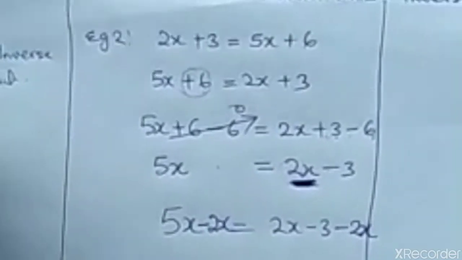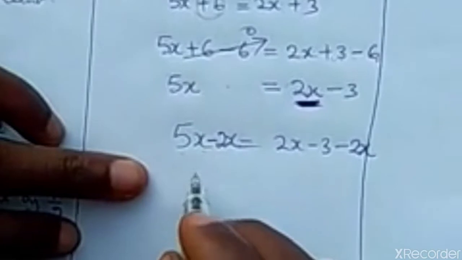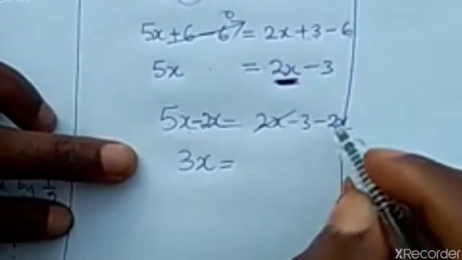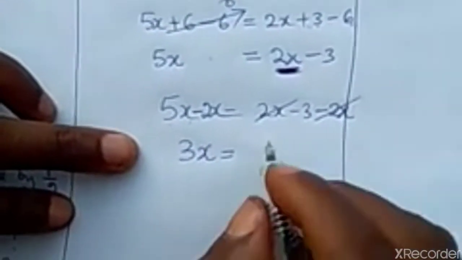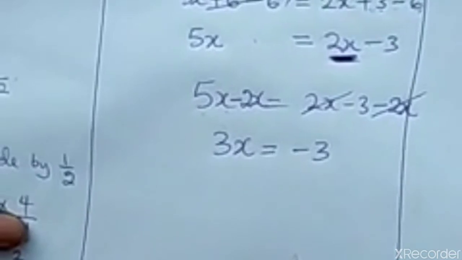What is good for the goose is good for the gander. So I have 5x. When I remove 2x, I have 3x. So 2x remove 2x goes off. I have minus 3 remaining at the right hand side.